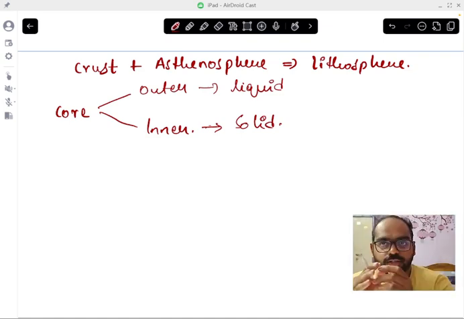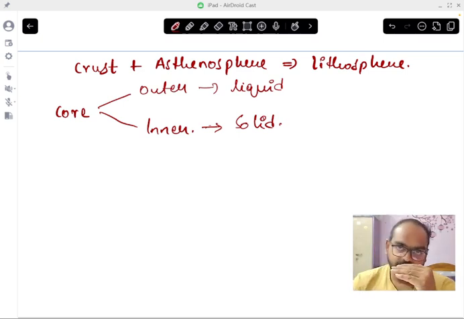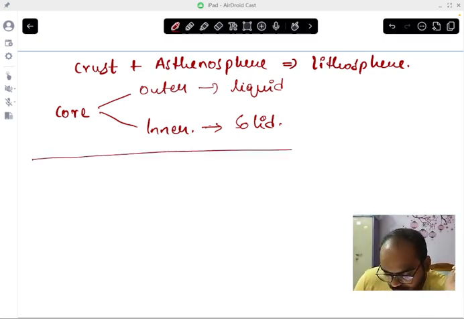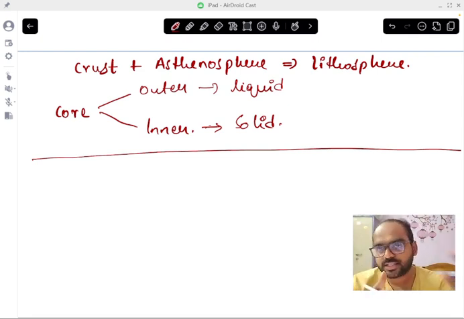This is about the interior layering of the earth, from the upper surface to the center: crust, mantle, and core. I will explain it in detail in the next chapter, please don't worry. I have set these definitions so that you'll understand the next part coming in this chapter.